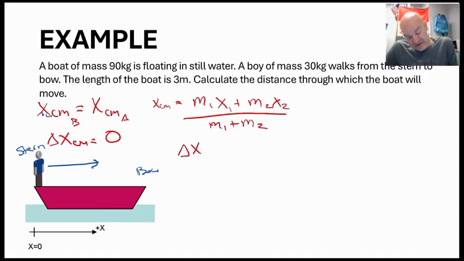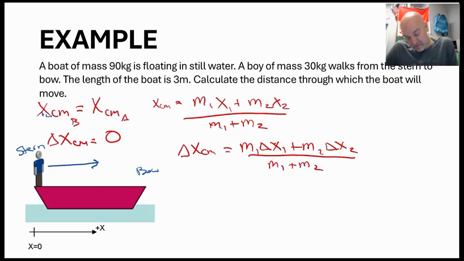But we know that the change in the center of mass is equal to the change in x1 plus the change in x2, over m1 plus m2. But we know that that equals 0, which means we just have to do a little bit of algebra.